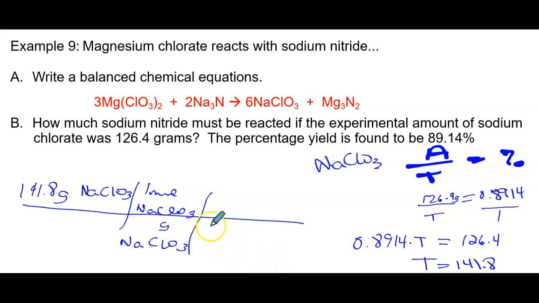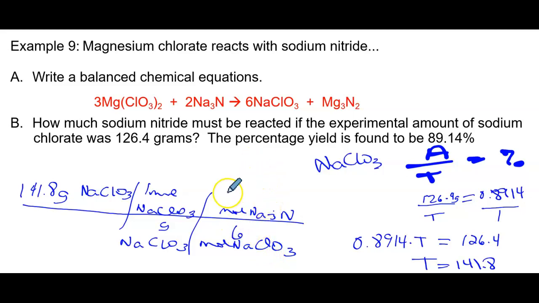We can mole shuffle next. So we have moles of sodium chlorate here to cancel. Where we're going goes on top. We're going to sodium nitride, so we're going to have moles of sodium nitride on top. The number that's with sodium chlorate is 6.